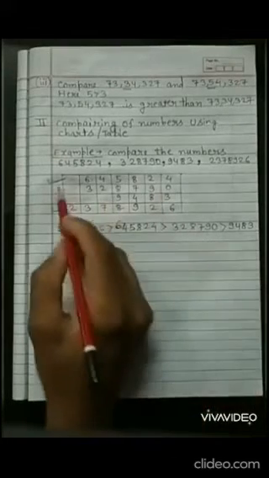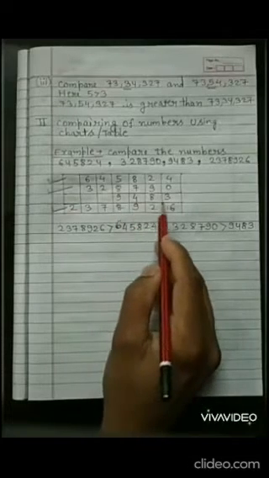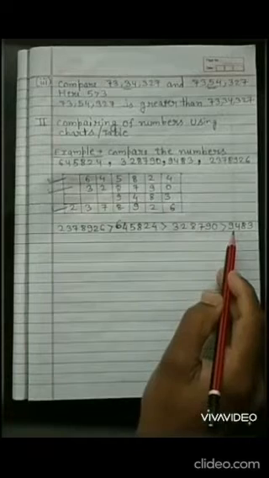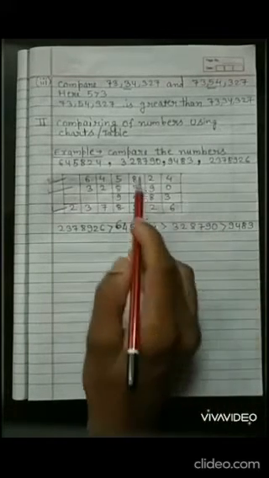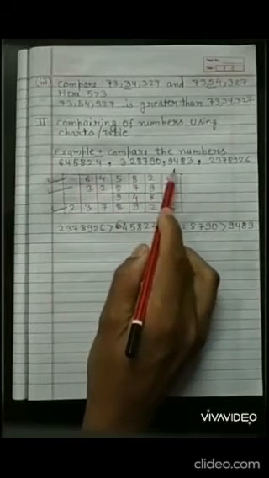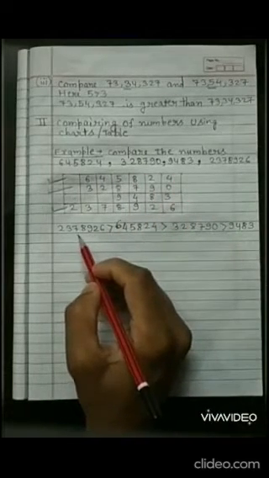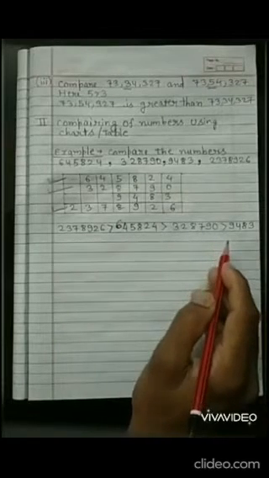Done. Now this number is also done. Now the last number is left, so I have written this last number in the last place. So now we have compared all these 4 numbers and we have written these 4 numbers in the descending order.